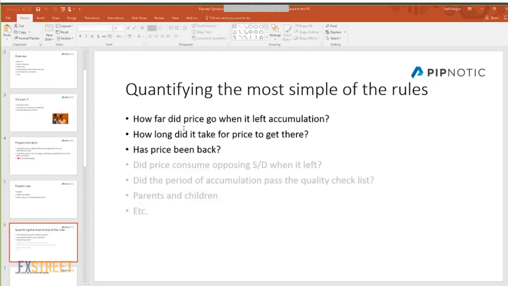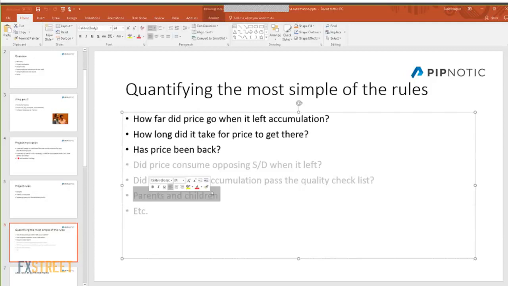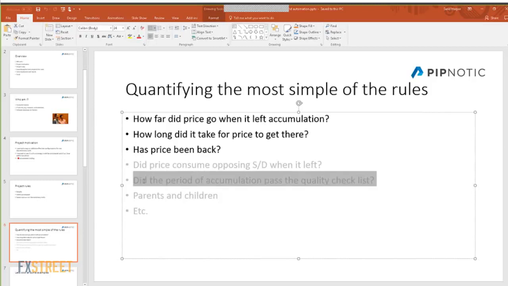Okay, so if we look at quantifying the most simple rules, the whole list of rules, I have a small whiteboard next to me and the list is pretty long, but there's a lot of talk about parents and children and this accumulation quality checklist. What does that mean?